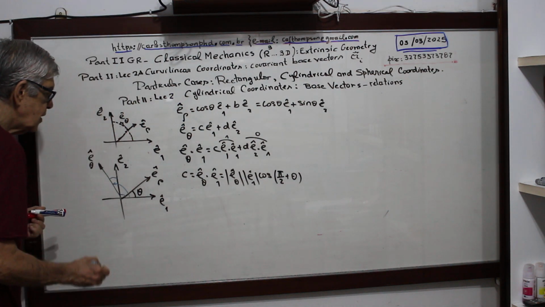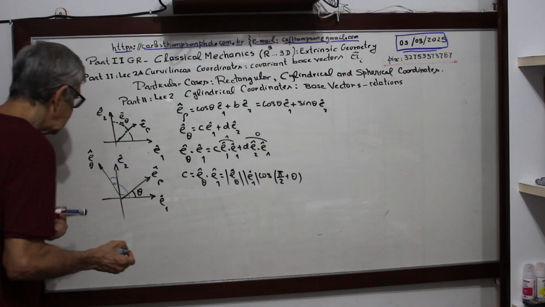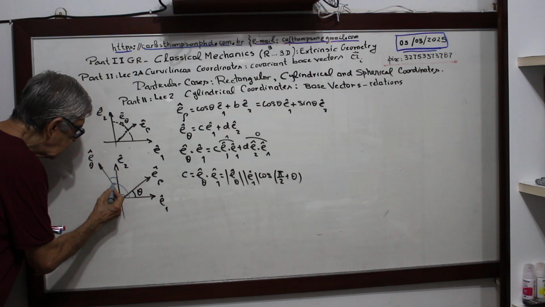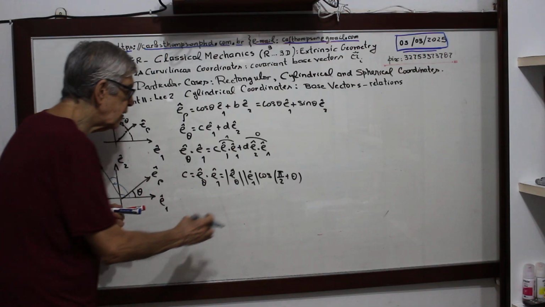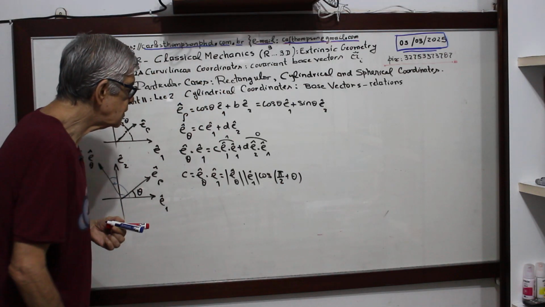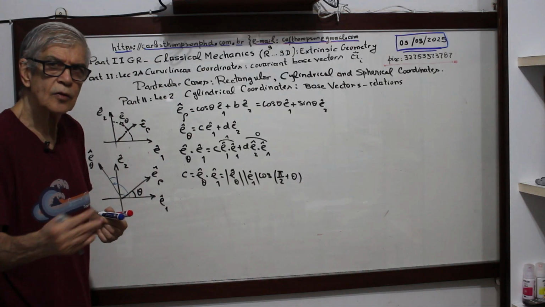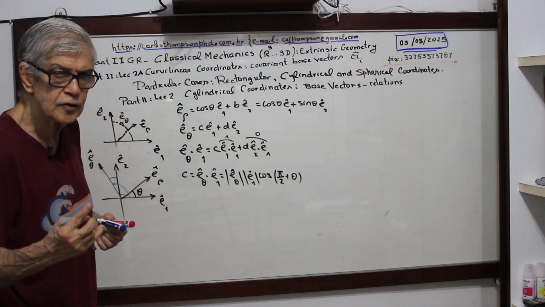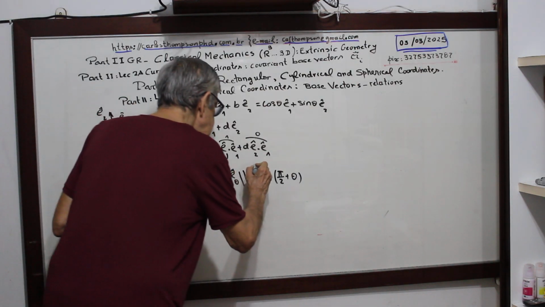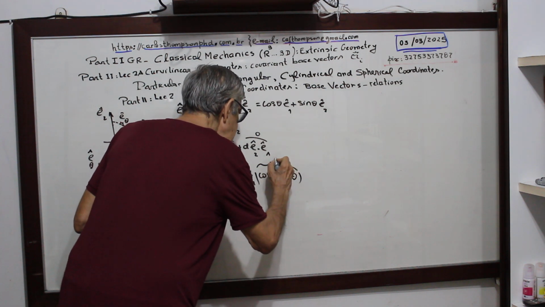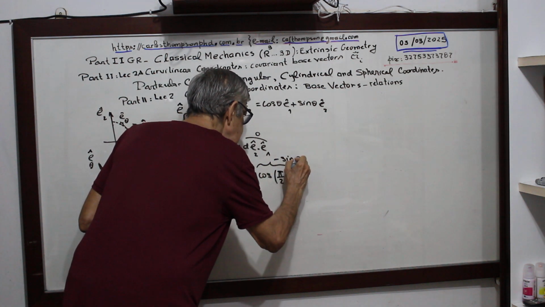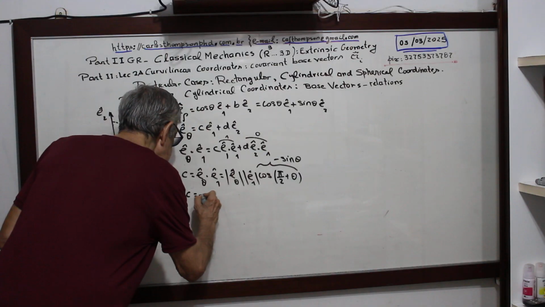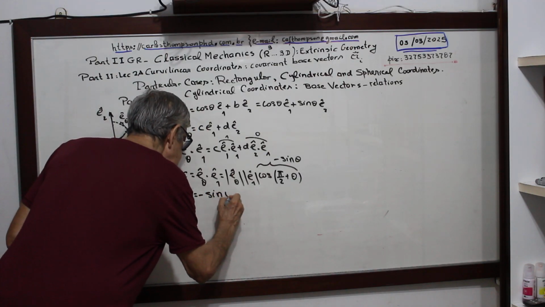So you can see clearly that this is a cosine of an angle which is in the second quadrant, assuming theta in the first quadrant. So this will be minus sine of theta, okay? So, C is equal minus sine of theta.